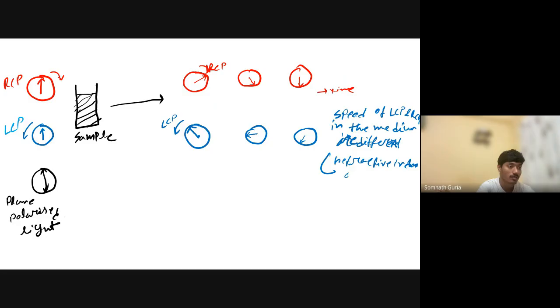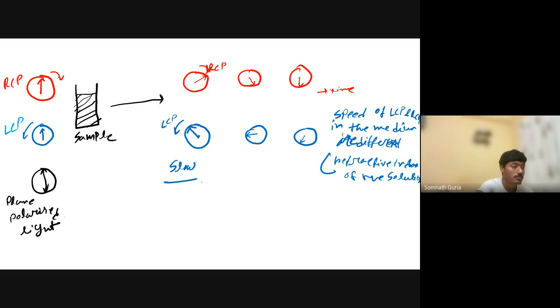As we know, the travel speed of a particular polarized light is defined in those molecules. So let's suppose the interaction of the LCP and RCP is different over here, and LCP is very slow.